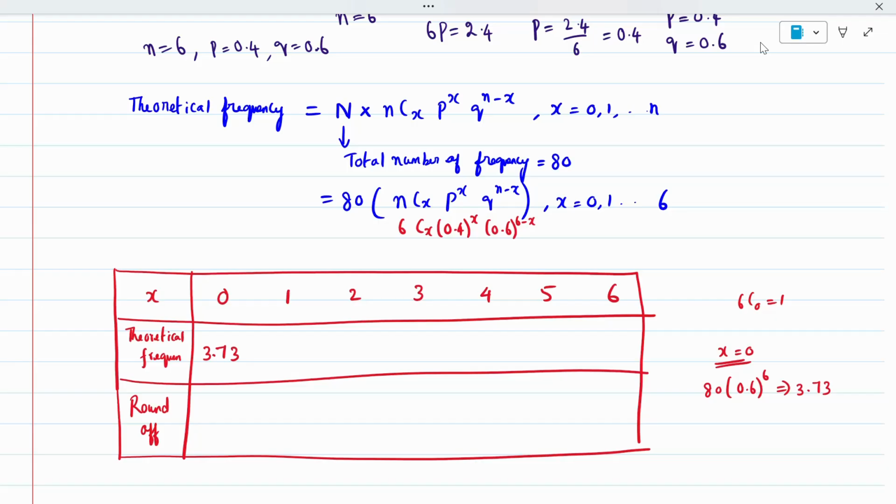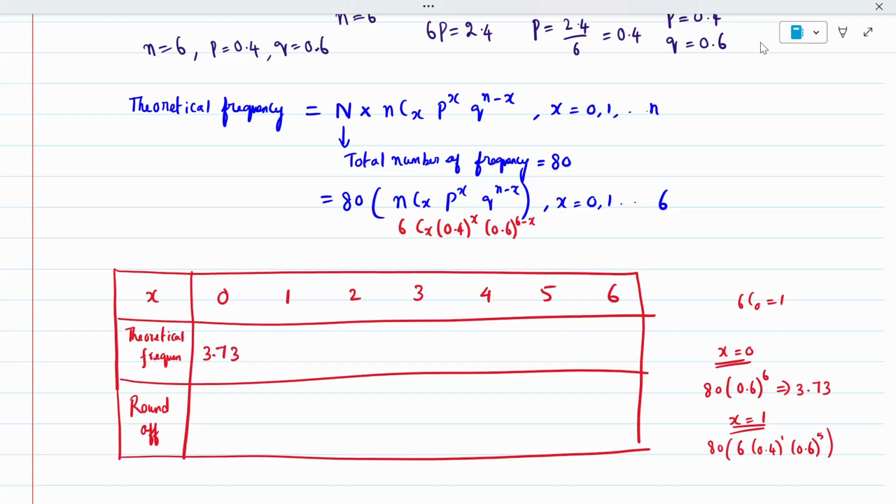Now x is 1. You put x equal to 1; this you can do in rough work. So 80 as it is, 6C1 is 6 only, so 0.4 the whole power 1 into 0.6 whole power 6 minus 1, so 5.